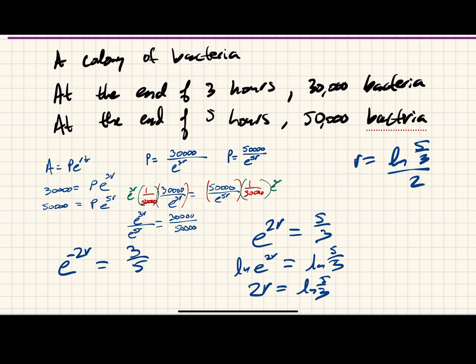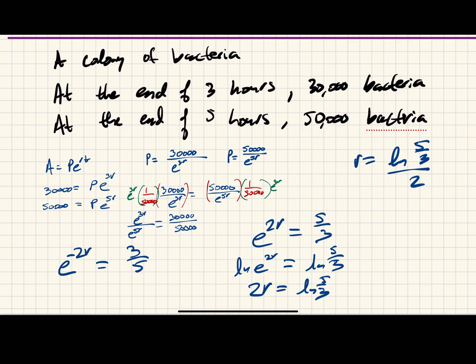So how could I find P now? I mean, I have two ways, don't I? I have two equations here that I could stick that r in for and get whatever P is. Let's try the one with the 3's.